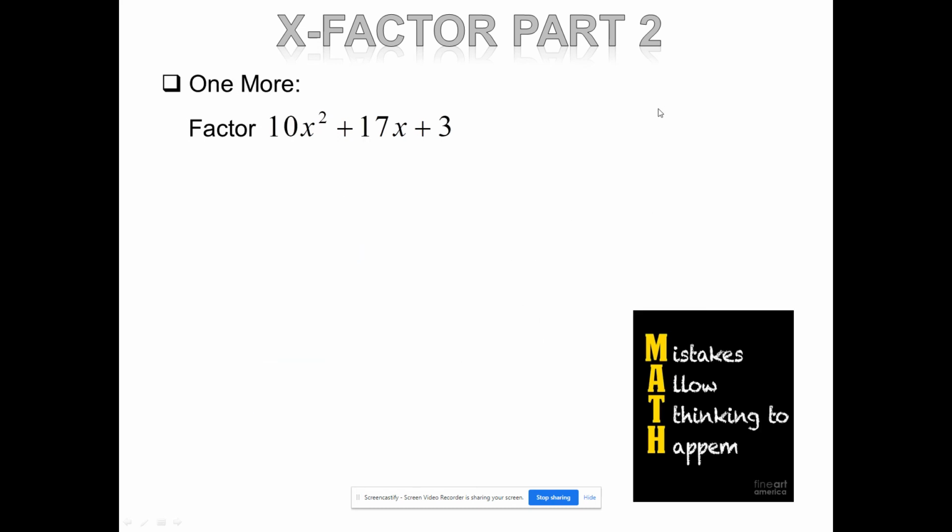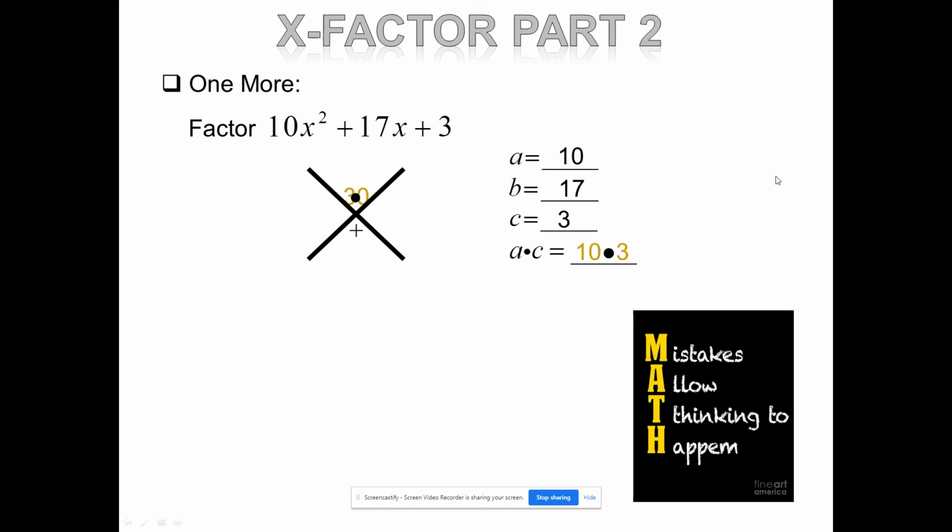So I just want you guys to try one more. This is actually a problem from the book. Actually, these last two are from the book. All right, so a times c on top, that's 10 times 3, which gives me 30. B is 17.